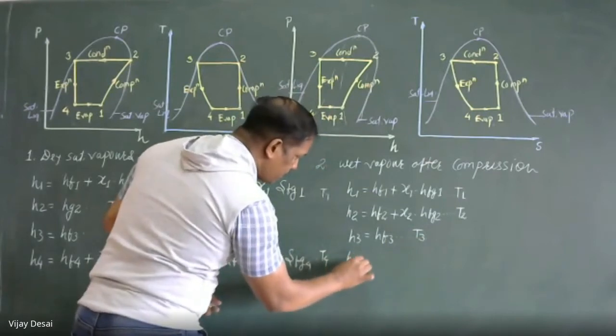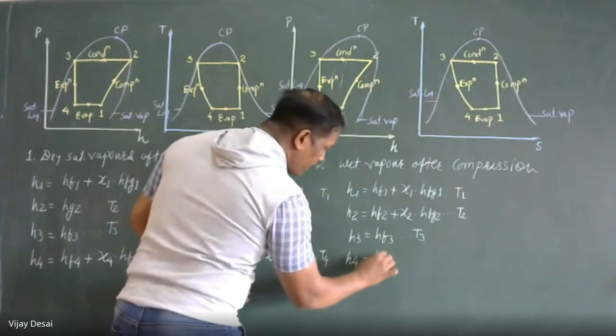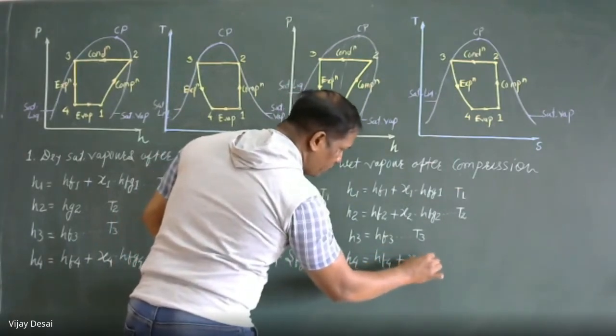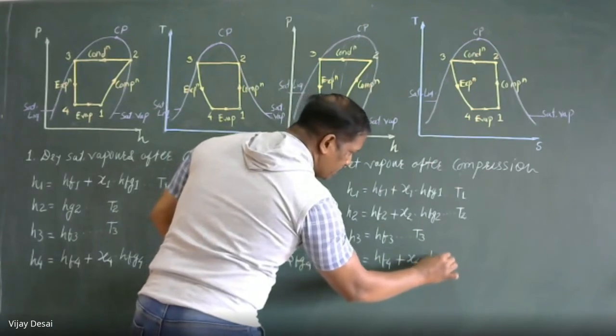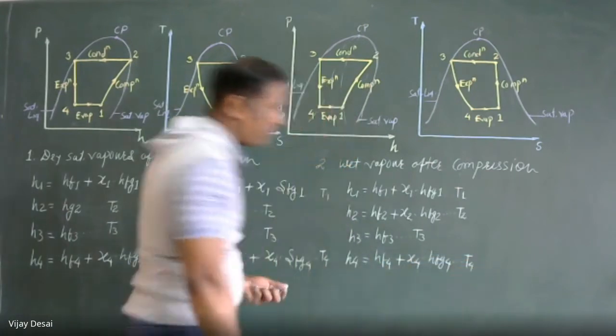And lastly h4, again lying in the wet zone, so hf4 plus x4 multiplied by hfg4, calculated at temperature T4.